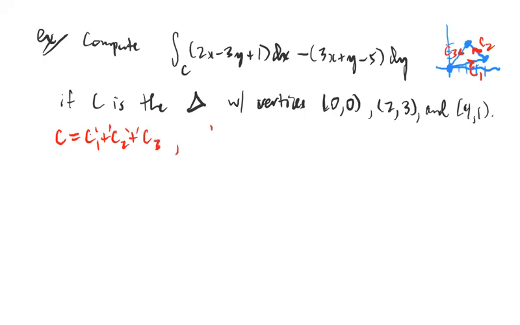You would say that the integral over C, which by the way is a closed integral, would be equal to the integral over C1 plus the integral over C2 plus the integral over C3. I would compute the work done along C1, the work done along C2, and the work done along C3. So we would need three parametrizations.